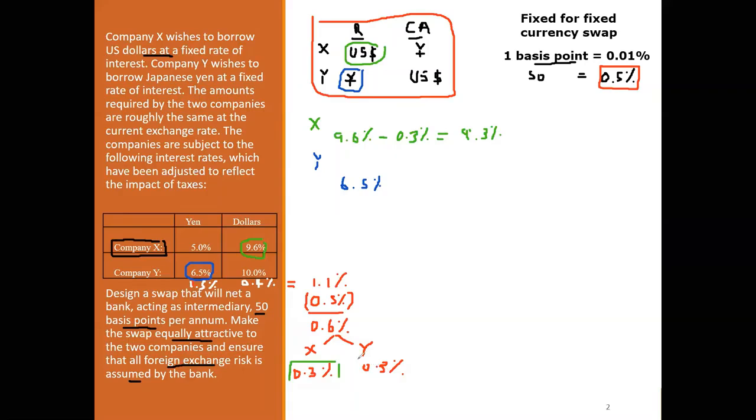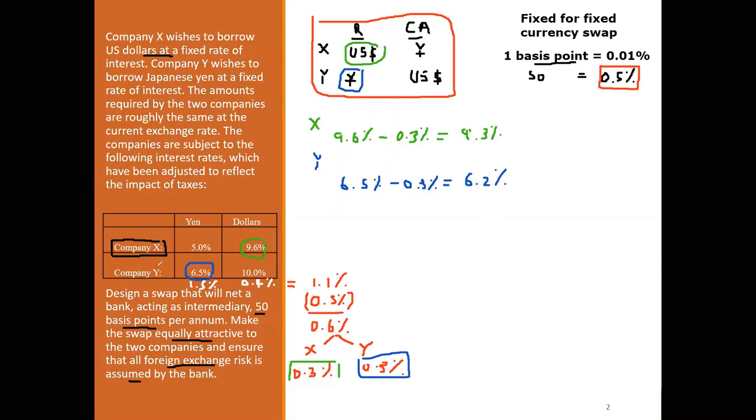Why? Because through the swap, Y is getting a benefit of 0.3%. So the cost for Y should be reduced by the 0.3% benefit. So the ultimate cost to Y should be 6.2%, which is 6.5% minus 0.3%.